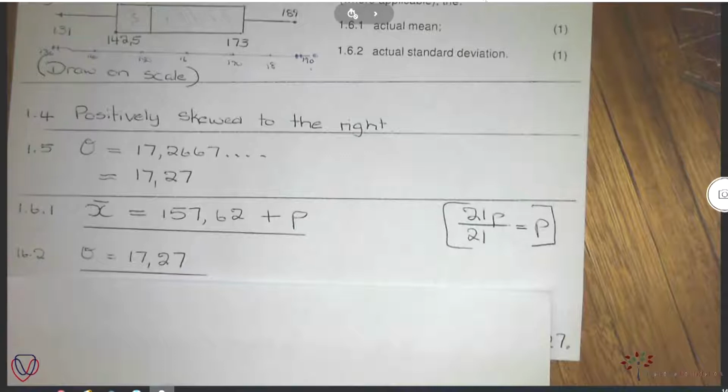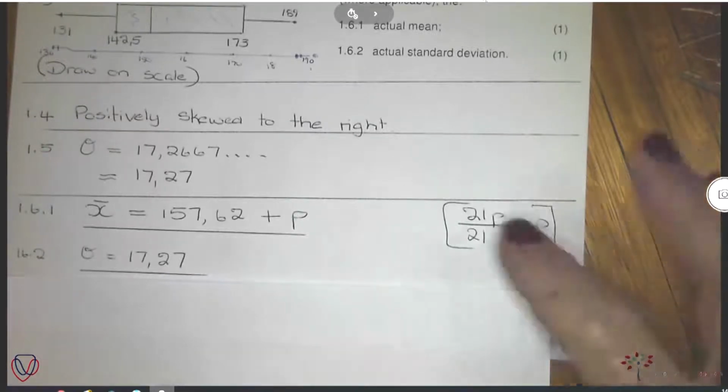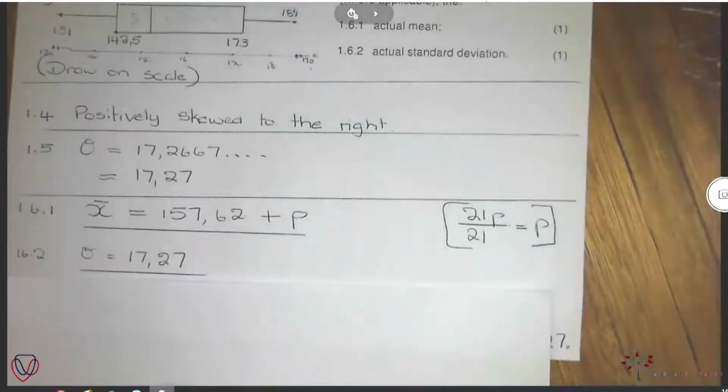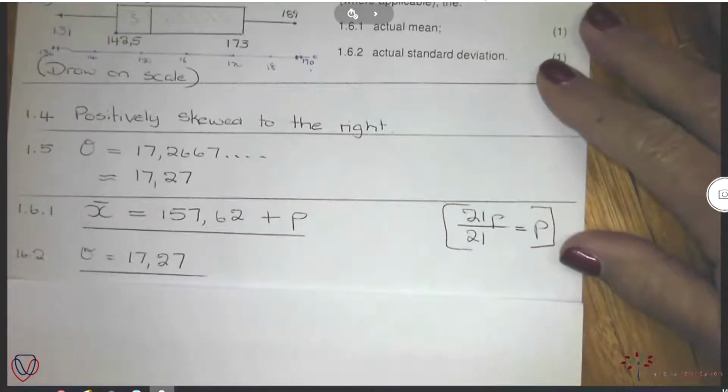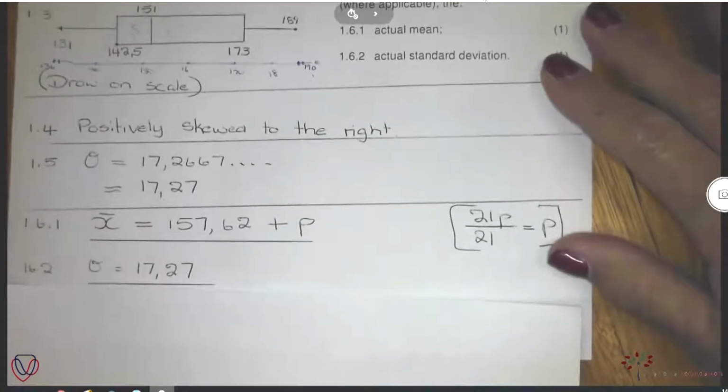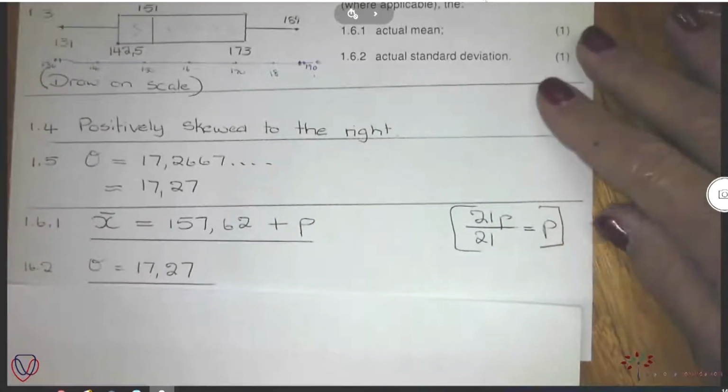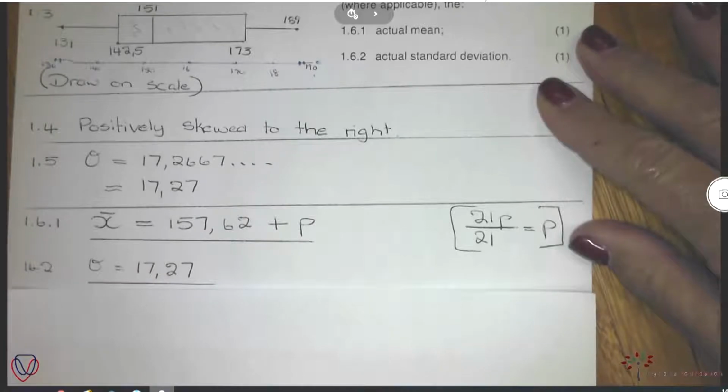It will stay exactly the same. People, I'm glad I did this with you, because this is a funny question, this one with a P, and now you see what influence it will have on the mean and the standard deviation. So if you get something similar, you will, I hope, remember what we did in this specific sum.